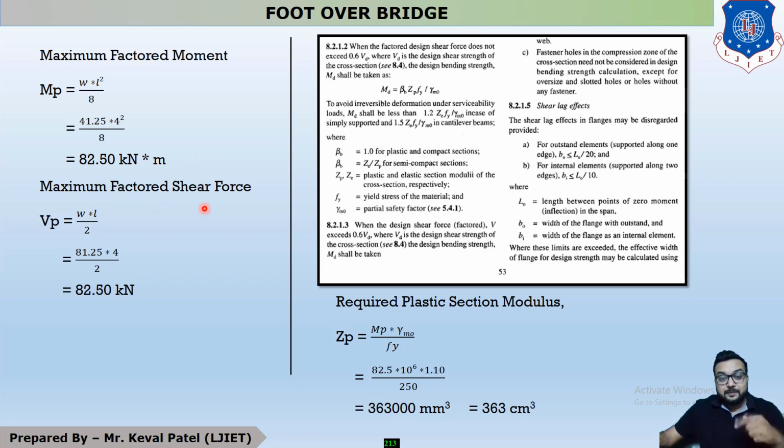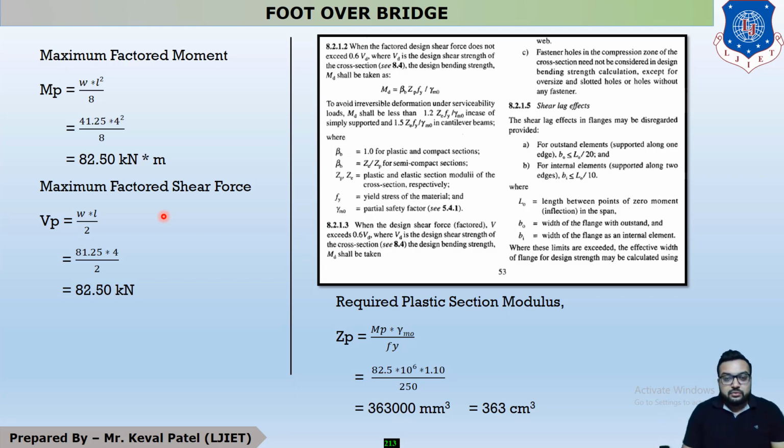After finding out the maximum moment, next we have to find out the maximum shear force. It means our reaction. Because it is a simply supported beam, the reaction at both the ends is WL by 2, WL by 2.